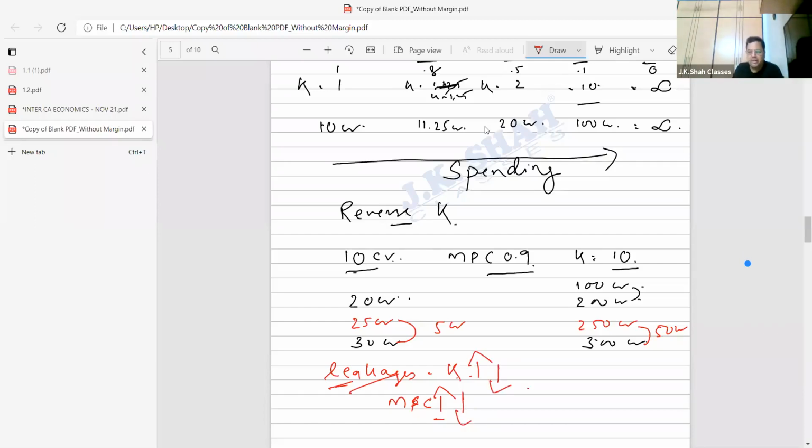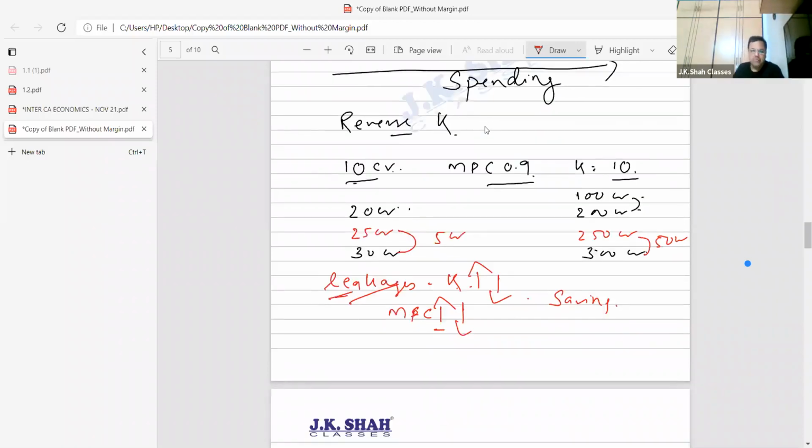So if they ask leakages, why does multiplier become less? Because MPC is less. Why is marginal propensity to consume less? Maybe first is people are saving money. So if people start saving money, then MPC will be less. Second, imagine I'm earning money, but I have taken a loan from someone and I'm repaying that old loan.